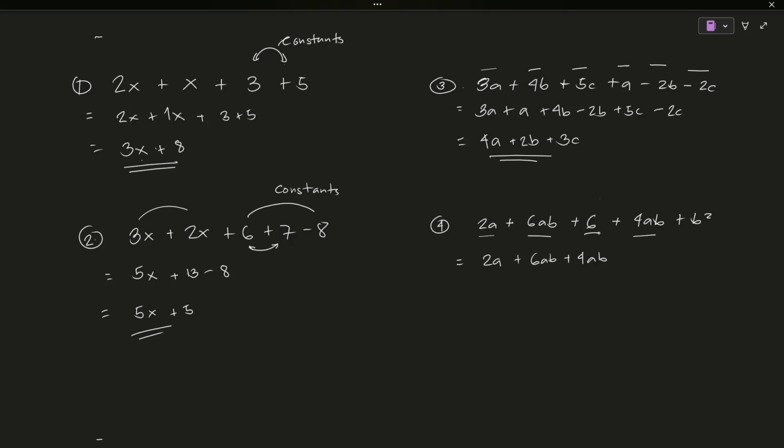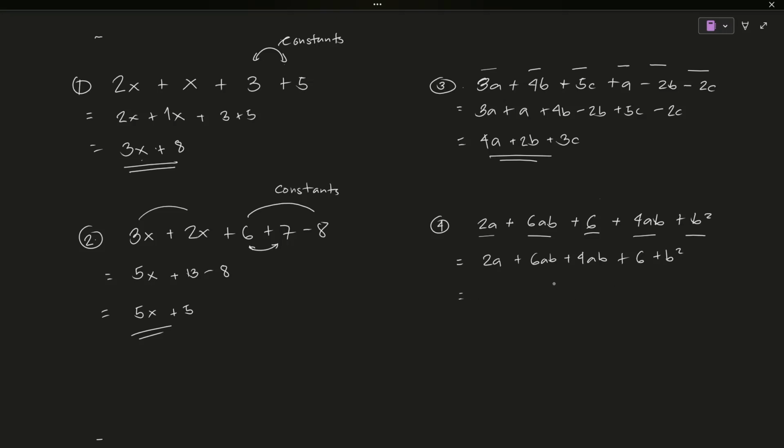Does the constant 6 have the same term, like a constant? Okay, none. So let's just copy the 6. Does b squared have like terms? There's none. So let's just copy the b squared.